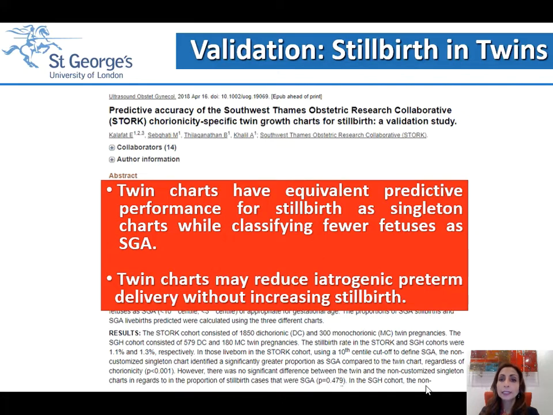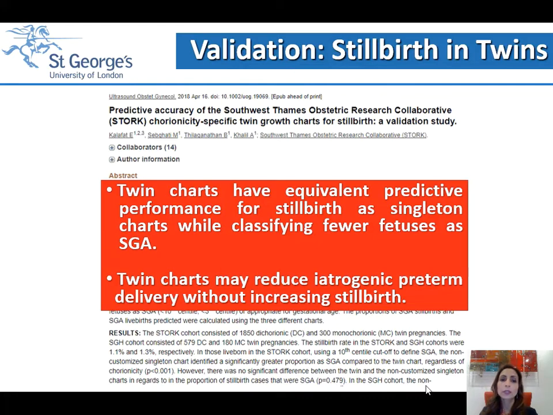So we tried to validate these twin charts, called the STORK charts or the TAMBA charts, and we compared them against a number of singleton charts to assess the accuracy for stillbirths in twin pregnancies. And this paper is published.